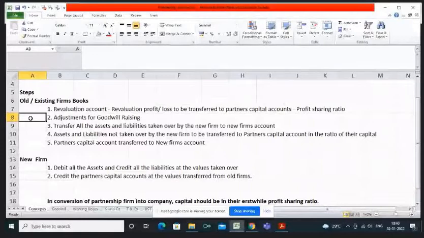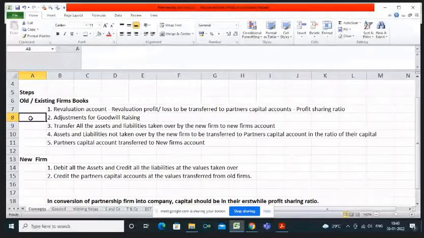So whenever there is an amalgamation, we have to account for goodwill. Whether we are showing it in the books or not is a different thing, but we have to definitely make adjustments for goodwill. Another step, number 3, is we need to transfer all the assets and liabilities taken over by the new firm to the new firm's account.